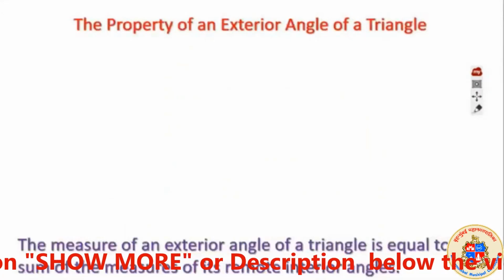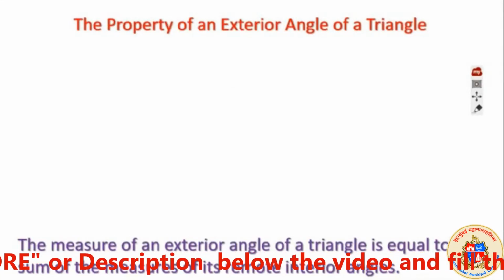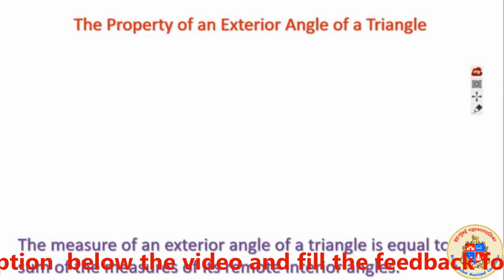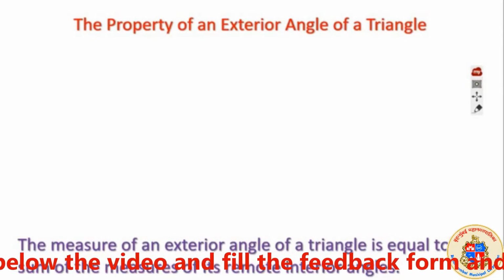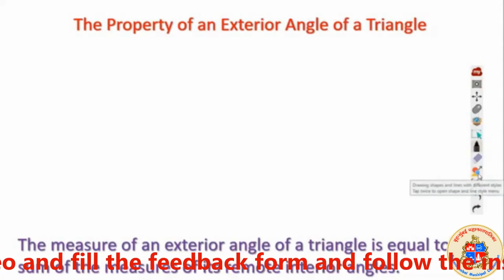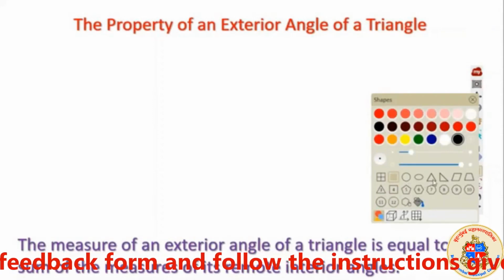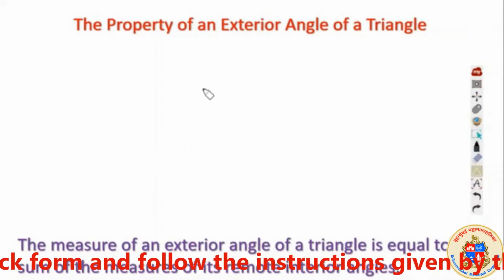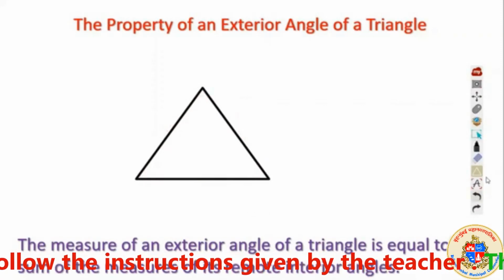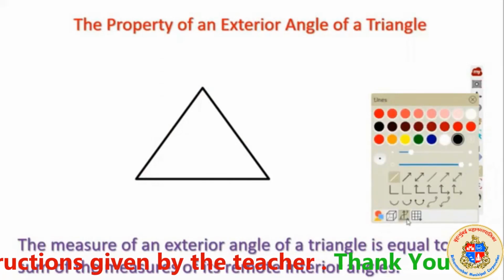Now, after understanding exterior angle, there is a certain property for this exterior angle, which is the most important aspect of this chapter. For that, I need to draw the triangle here. I'll draw a triangle here. Now I need to extend a side of it to create an exterior angle.